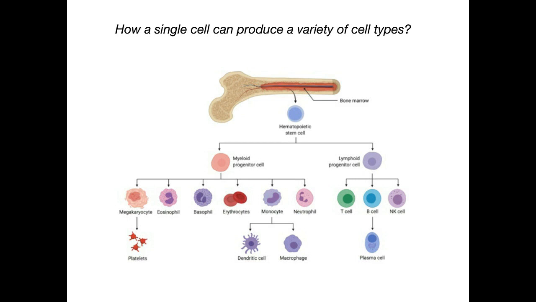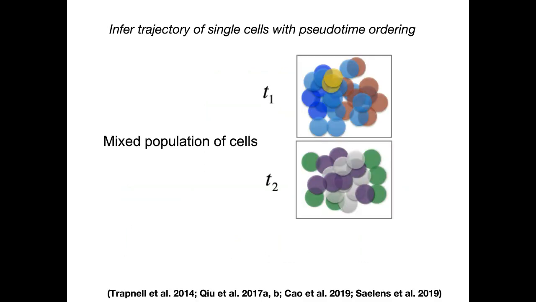And those progenitor cells can further choose a different trajectory to become either basophil, erythroid, or other types of terminal cell types. In order to study this dynamic process, in the past, people tended to use a time series approach to measure the transcriptome of the cell at different time points.